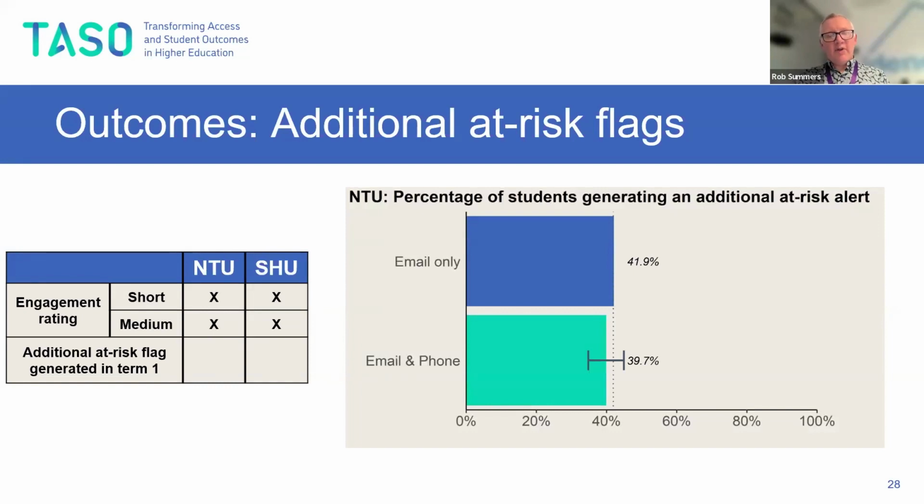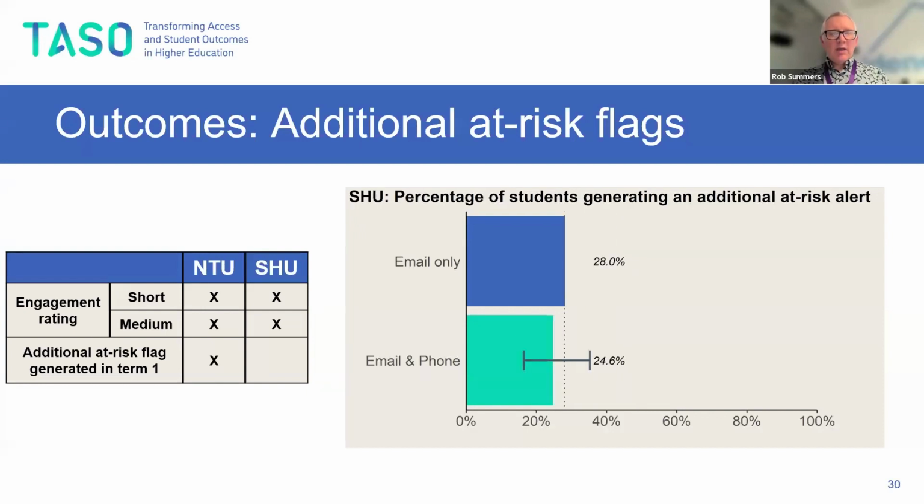Now at NTU, we find that those who received a phone call did generate fewer at-risk flags than those who received an email only, but it wasn't a significant difference. And then at Sheffield, there was a similar finding that those who received a phone call also generated fewer additional at-risk flags, but again, the finding wasn't significant.